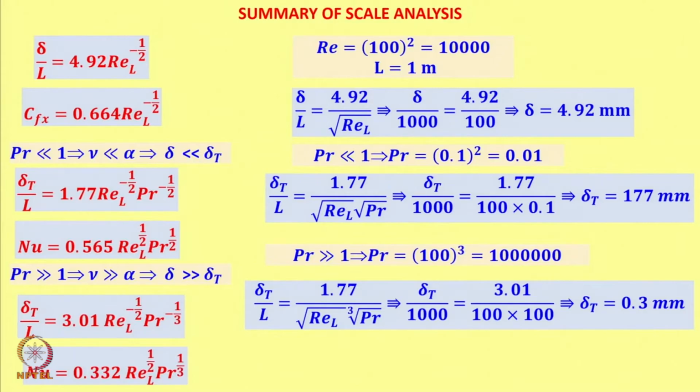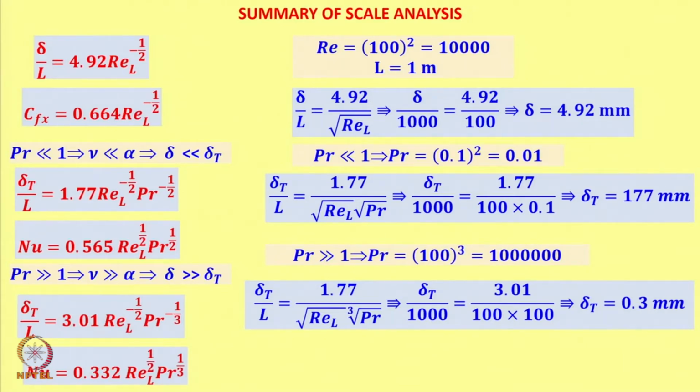So you see, for Prandtl number less than 1, we had said that delta is less than delta T. You see, delta is 4.92, delta T is 177. Now for Prandtl number greater than 1, I am taking 10 to the power of 6, because for oils the Prandtl number can be so high. So delta T is coming to be 0.3, which is very much less than 4.92.